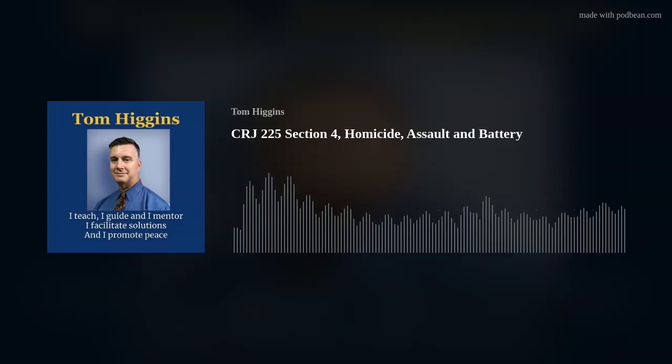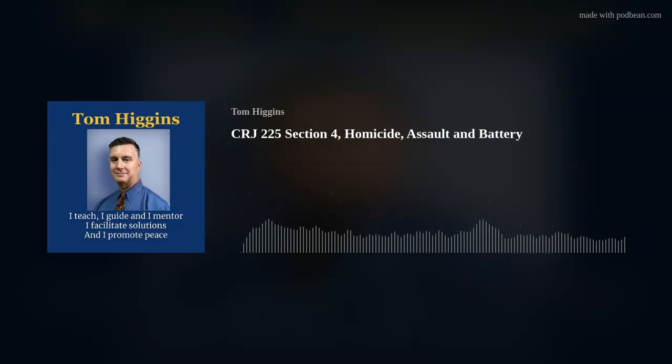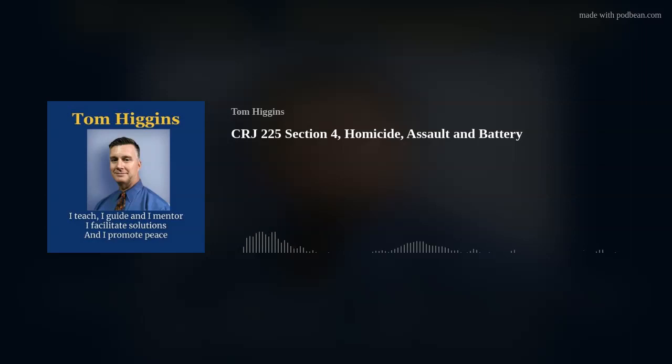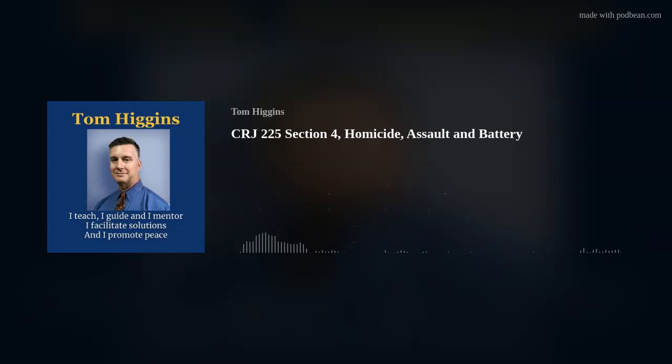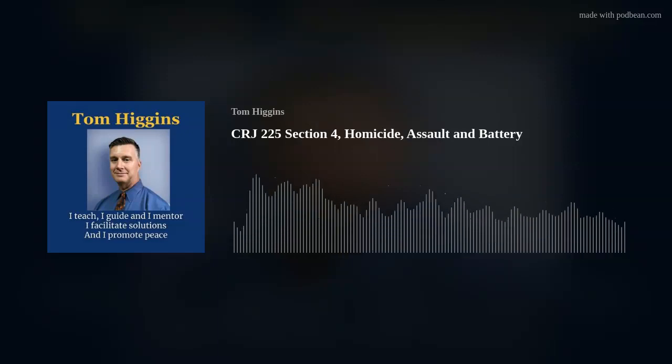So they do something that causes the other person to have reasonable apprehension that they're going to receive some kind of unwanted physical contact. Receiving a battery.